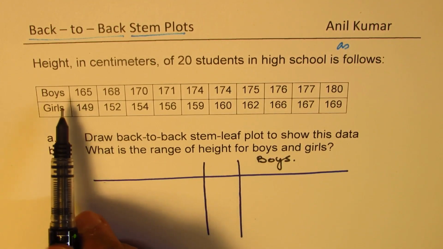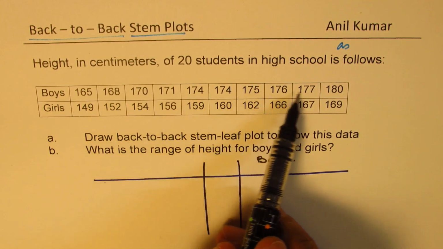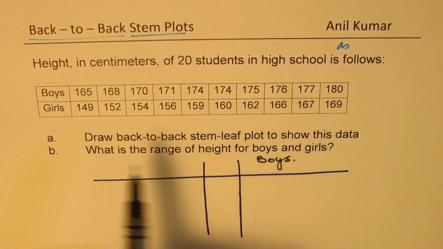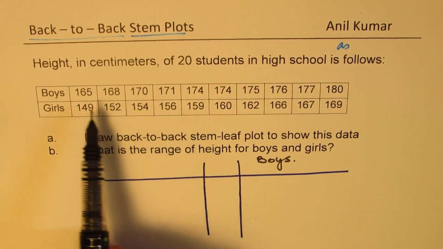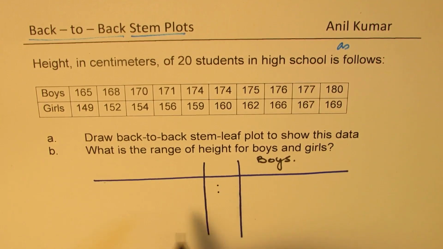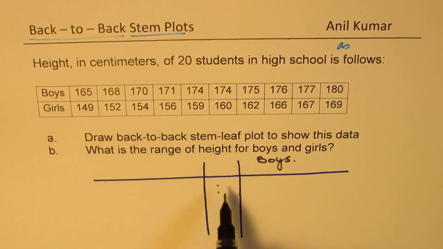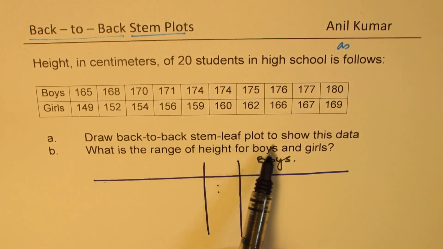So in the stem part, we see that the values could be 16, 17, 18, right? So those are the values. In the girls data, we do see 14, 15 also in addition to 16s. So I'm going to leave some space here so that we could add girls data in the same plot. We are looking for a back-to-back stem leaf plot, right?